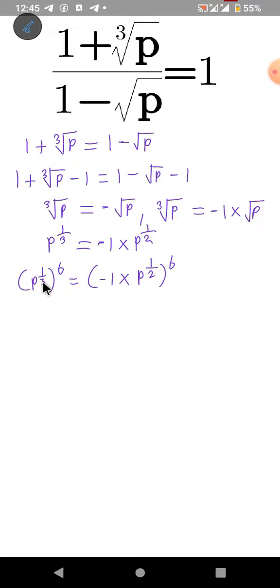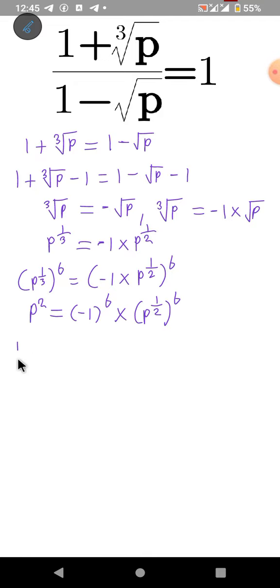Now, the power here, this 1 over 3 power, we multiply by 6. So we now have 1 over 3 times 6, which will give me 2. So here will be p squared equal to, then here will be minus 1 raised to the power of 6 times p raised to the power of 1 all over 2 raised to the power of 6.